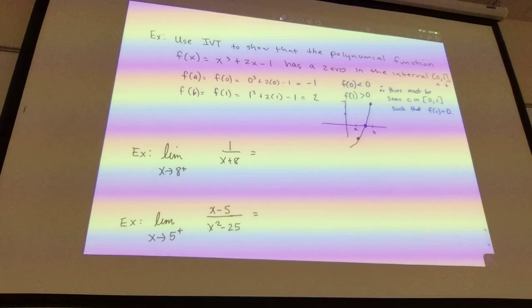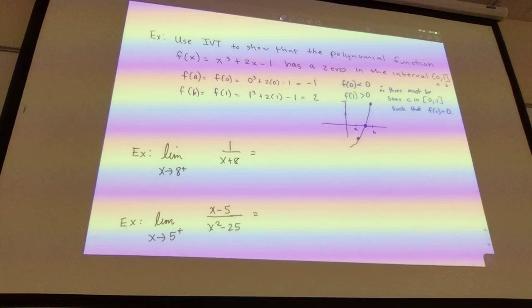So, if I say, here's your limit of your function as x approaches 8 from the right, I'm not going to draw it. I want you to do that algebraically, kind of in your mind. First of all, plug in an 8. What do you get? Definitely not an indeterminate form, so we're good there. Your answer is going to be 1/16.